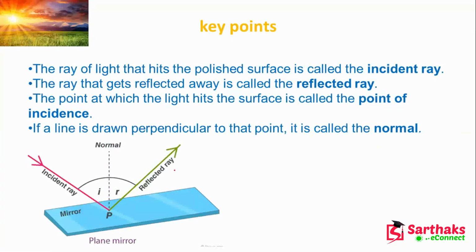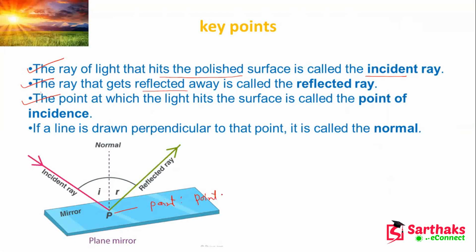Now the key points. Till now, whatever we have studied, we are just going through all these points. The ray of light that hits the polished surface is called the incident ray. The ray that gets reflected, that is, bounces back, is called the reflected ray.